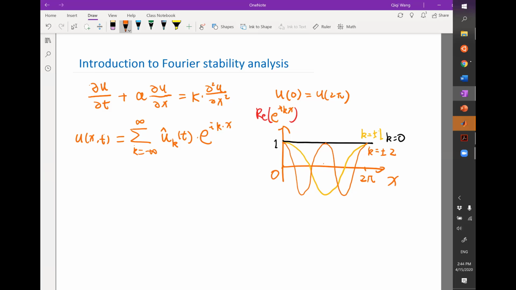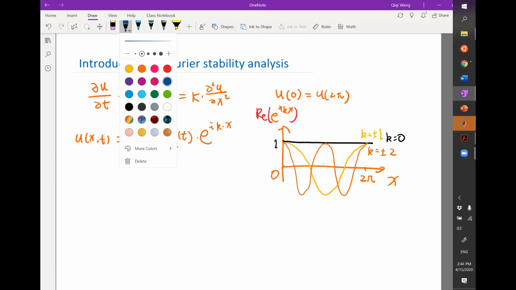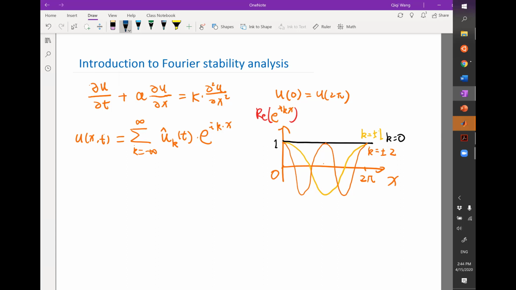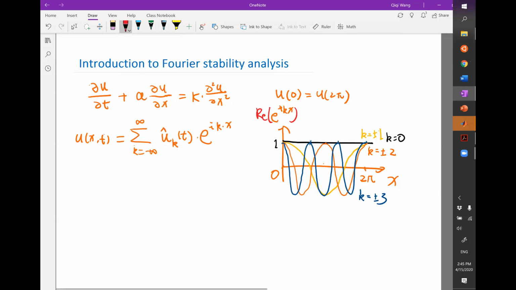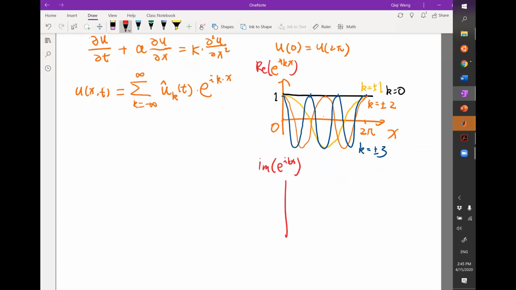We can go from here. When k is equal to plus or minus 3, I have to divide the domain into 3 equal parts, and I have a sinusoidal function in each of these 3 parts. That is k equal to plus or minus 3, etc. That's the real component. If you look at the imaginary component, instead of the cosine functions, it's the sine functions.